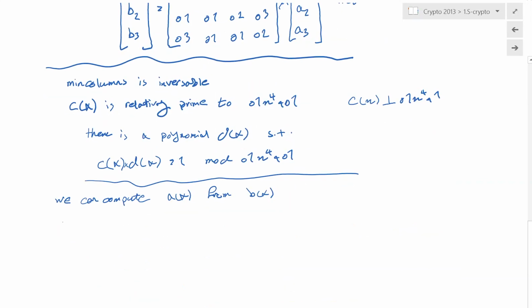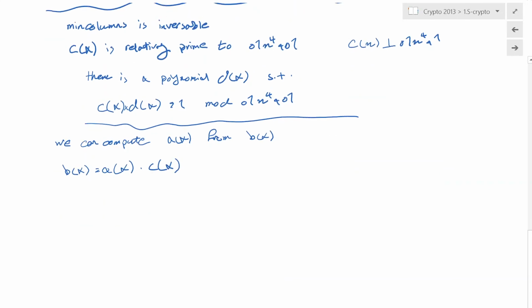Because we said that b of x is nothing but a of x multiplied by c of x, right? So now we know that d of x is the multiplicative inverse of c of x.